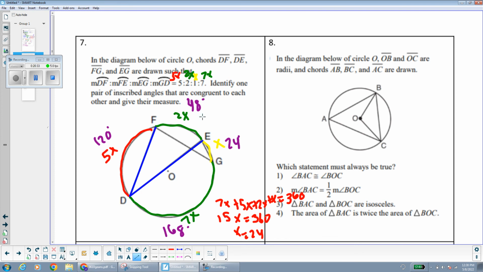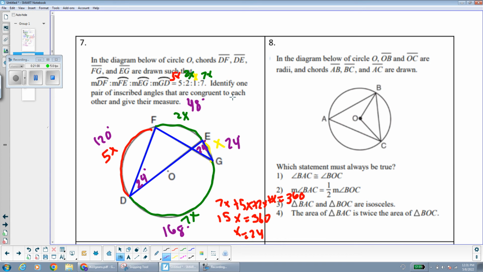And I know that it's half of its intercepted arc, which is 48. So that would make this inscribed angle over here 24 degrees. I see another inscribed angle over here, angle FGE. And once again, half of its intercepted arc, and it has the same intercepted arc, FE, which is 48 degrees.